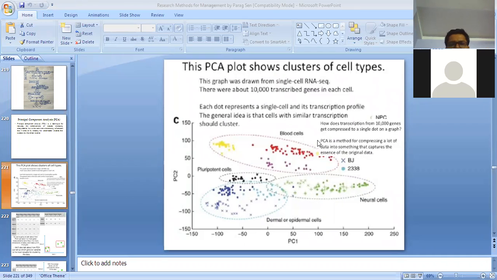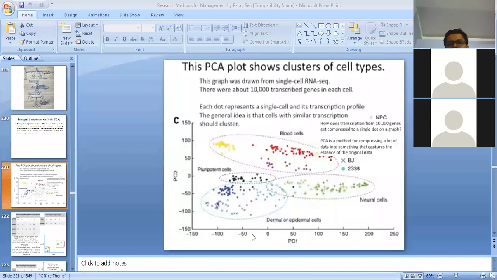In this example, they are talking about 10,000 genes. Along the x-axis, this is PC1, principal component 1, and along the y-axis it is PC2, principal component 2. All these points represent a particular cell in terms of PC1 and PC2.